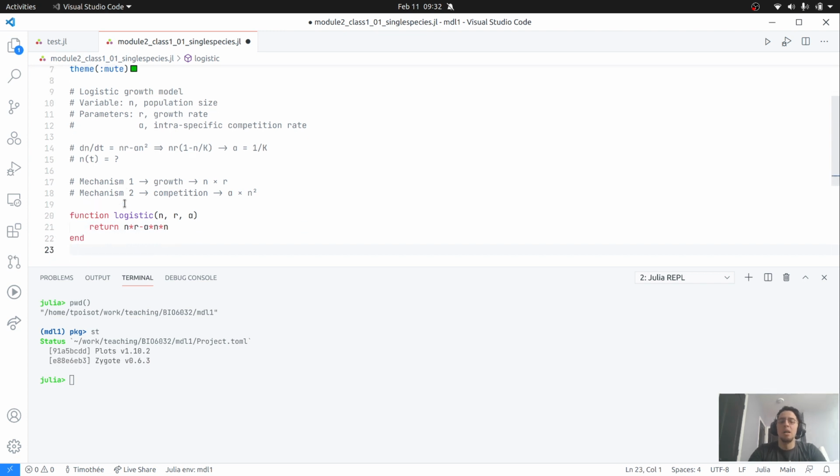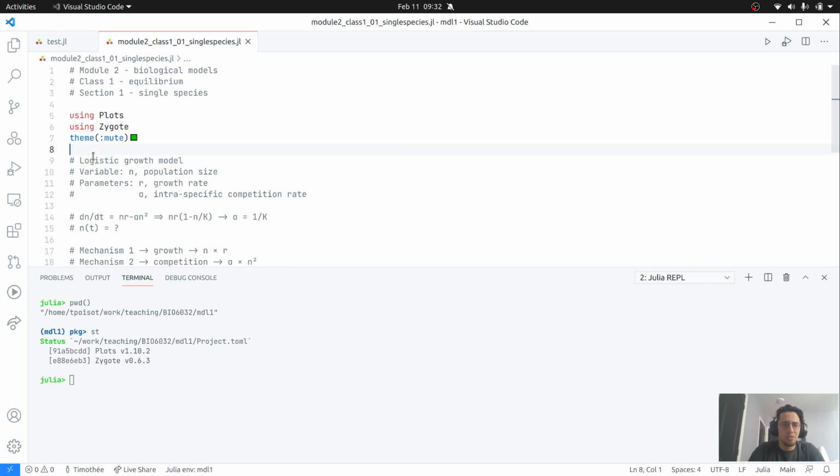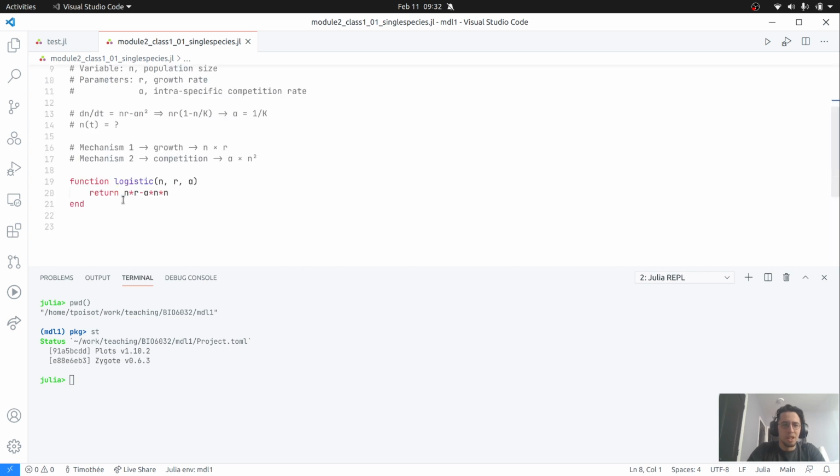We can do a bunch of things with this function, but we're going to take a quick little detour into a programming concept that I think is fairly interesting. So let's say we want to do a bunch of simulations of this function. Let me remove this line, which is very annoying.